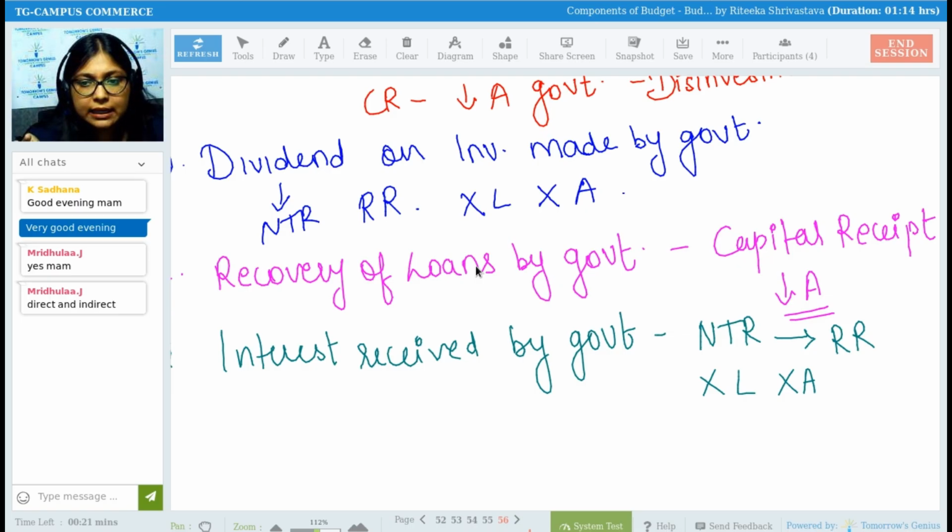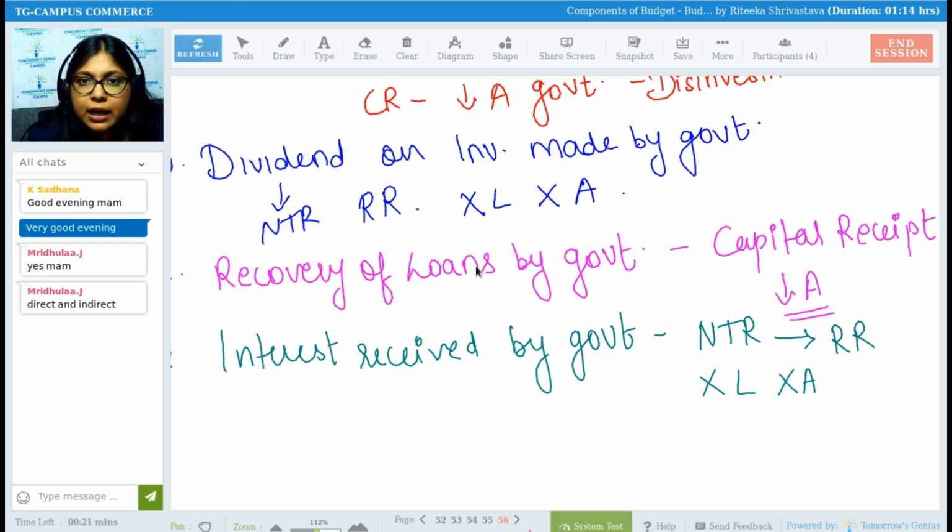So there are basically two techniques. First technique: you can identify it by remembering the points, which point comes under revenue receipt and which comes under capital receipt. Another technique is to remember both conditions.